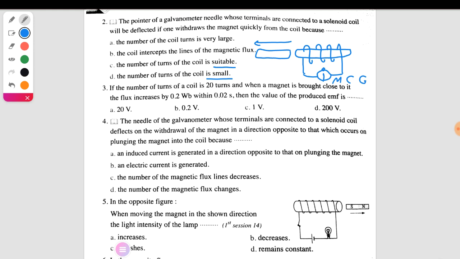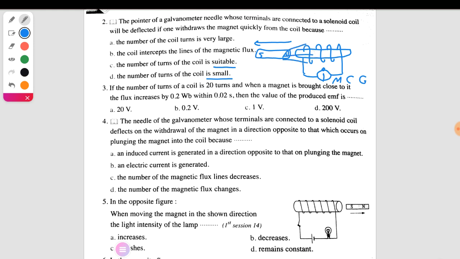The deflection of the moving coil galvanometer indicates the presence of induced current, due to the change in magnetic flux.